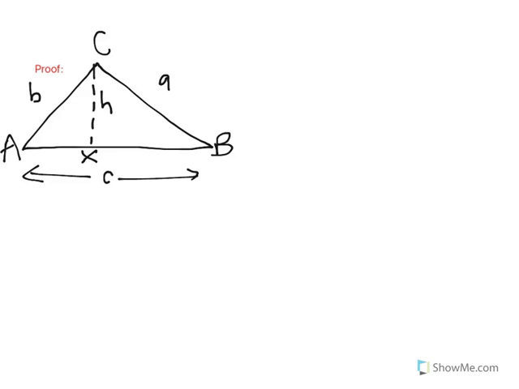Let's look at this right-angled triangle, ACX, and see what we can do with that. Here it is, ACX. Well, we could say in triangle ACX, sine, now remember your right-angled trigonometry from Year 9, SOH CAH TOA.